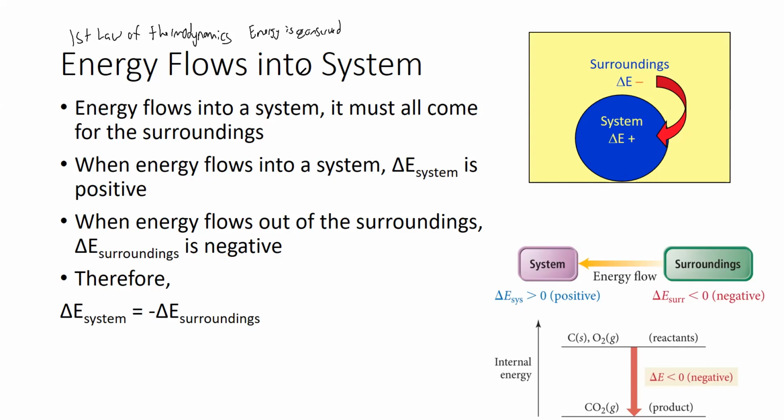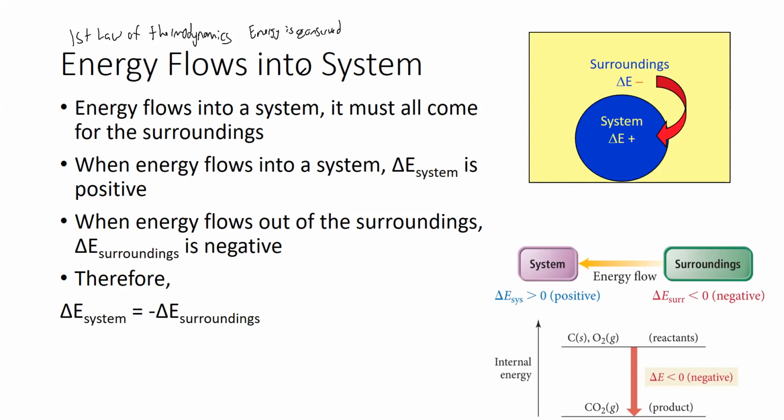So when we're looking at a system and we calculate the energy change of the system, if the system has gained energy, then it must have come from the surroundings. While if the system lost energy, that loss of energy must go into the surroundings.